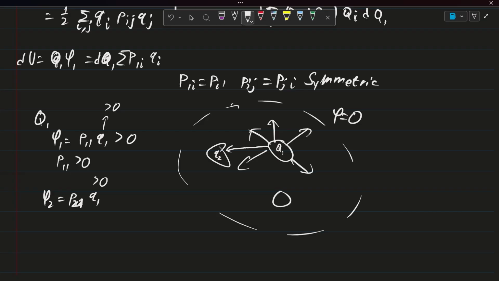That's the idea from Maxwell's equation. So this means that it would radiate out as well. This would mean that phi 2 must also be greater than 0. But also phi 2 is less than phi 1, because as you can see here, phi 1 is greater than phi 2 because the electric field comes from the Q1. So this means that you could see that Pij must be greater than 0.